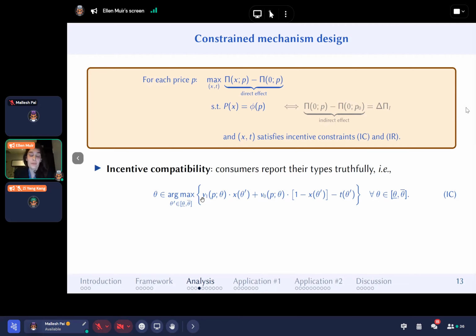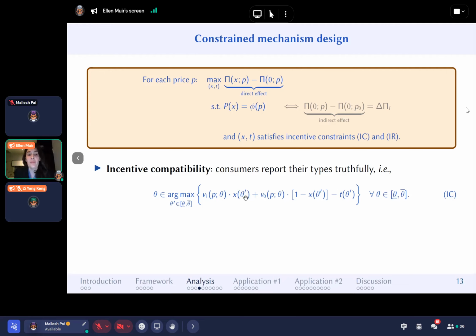So remember, V1 was our notation for the continuation value in the case where an agent is allocated the good in the design market or the primary market. So that would be the payoff that pertains if X for that agent, or the allocation for that agent, is just equal to 1. But in general, X could be some probability between 0 and 1.